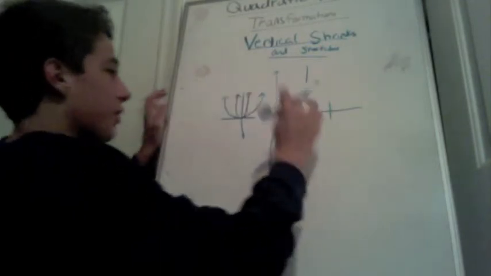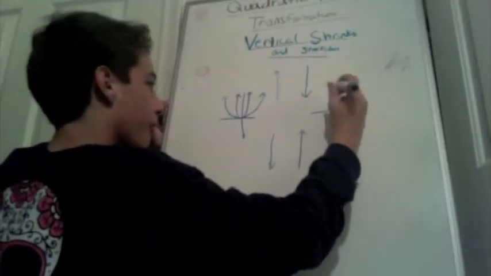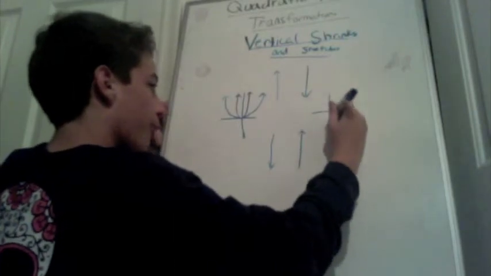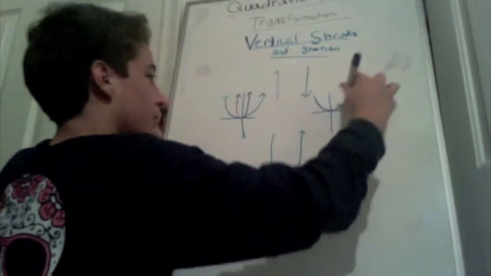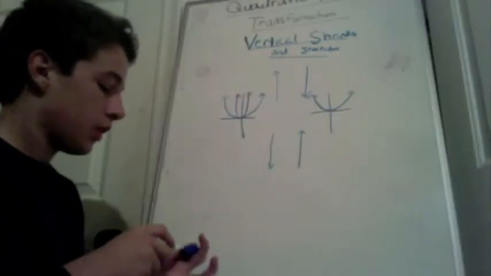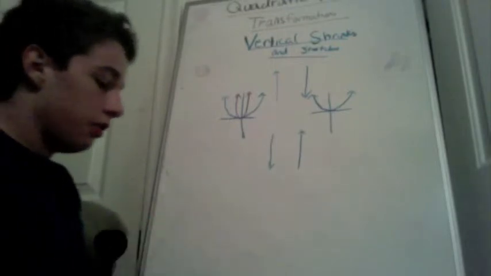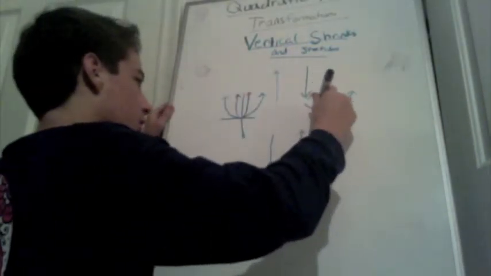Now let's make the graph normal sized again. If this is our normal parent function, y equals x squared, then our vertical shrink could look something like this.